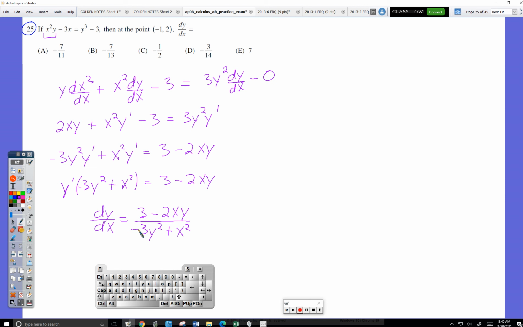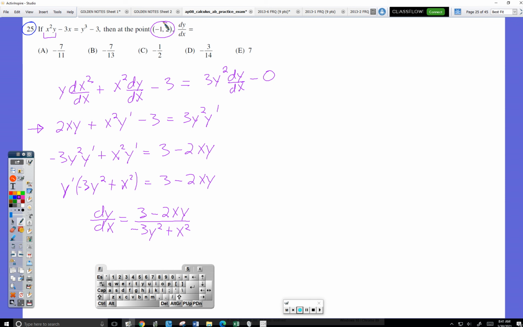Once you're finished using the derivative rules, you can absolutely plug in the values they gave you. It does make the problem quicker and easier. At this point, I could have taken this line, because I'm no longer using any derivative rules, and replaced all of the x's and y's with -1 and 2. Completely valid, really good way to solve the problem.